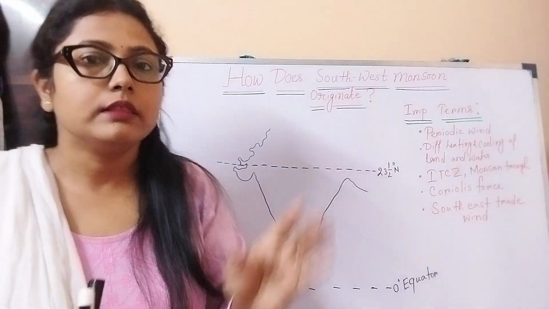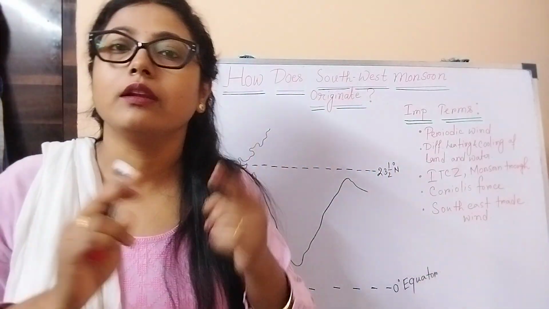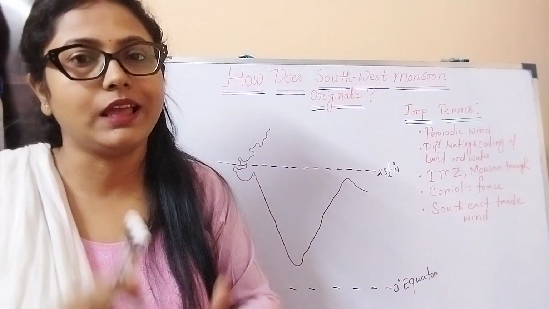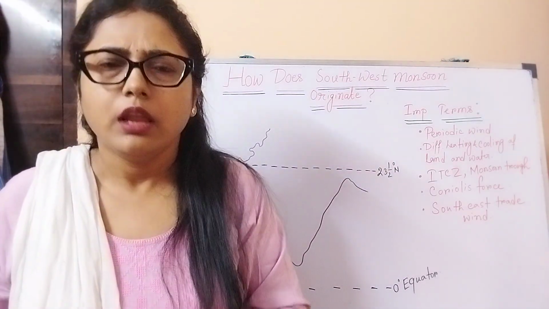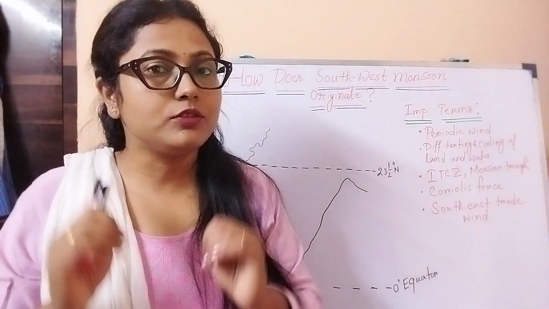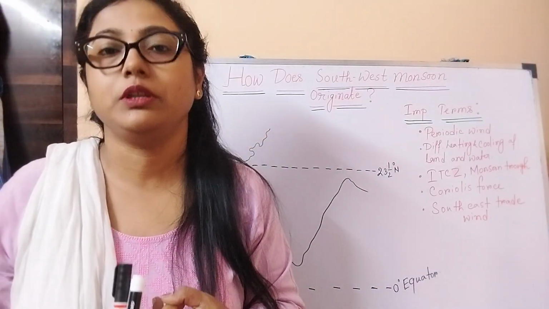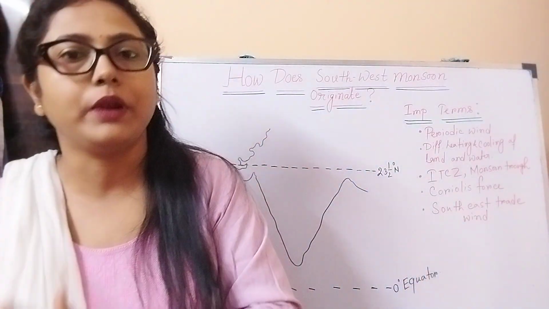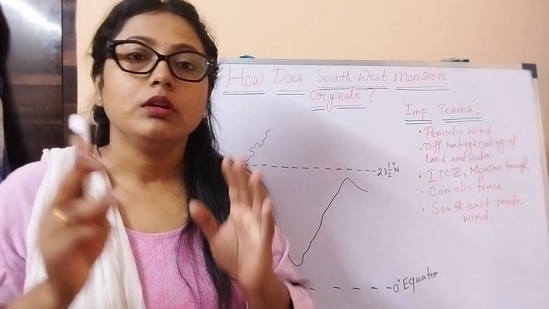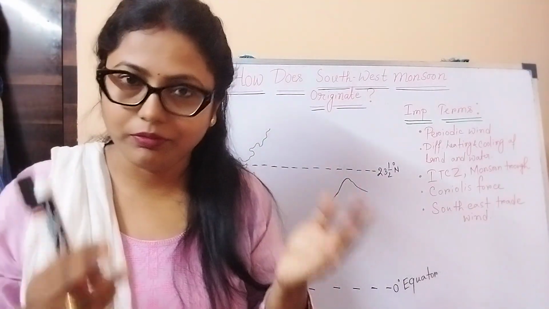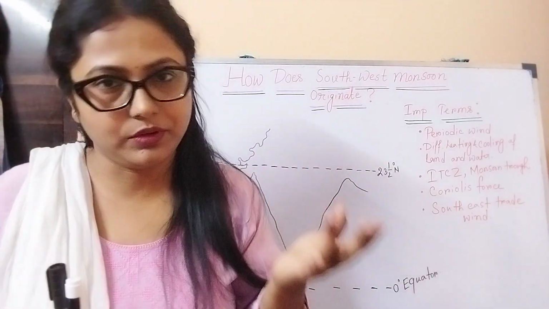We all know that land gets heated up and cooled down more quickly than water bodies. Now, we need to know the relationship between temperature and pressure. This is definitely an inverse relation.